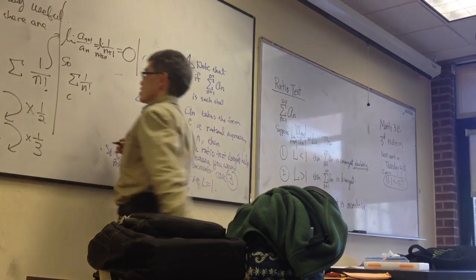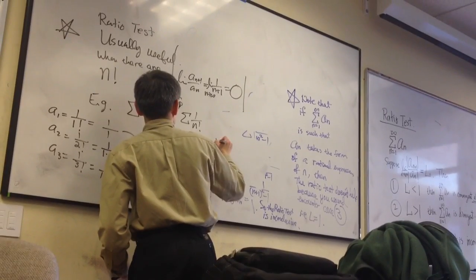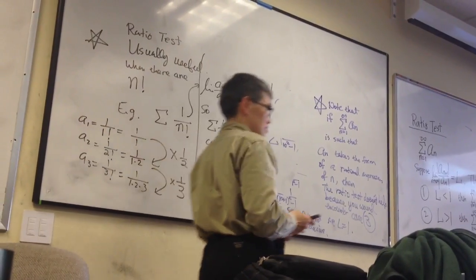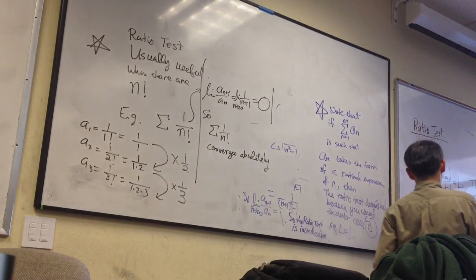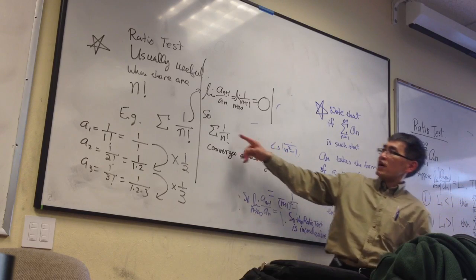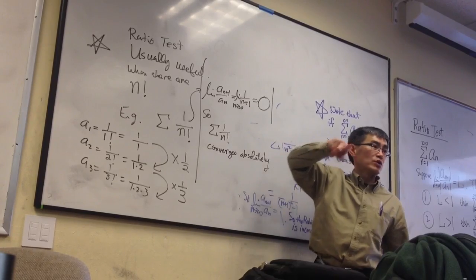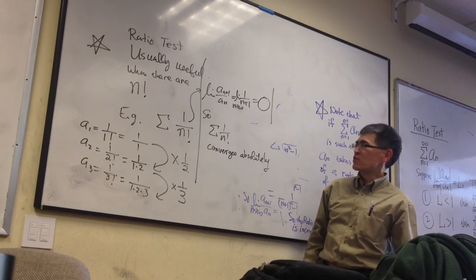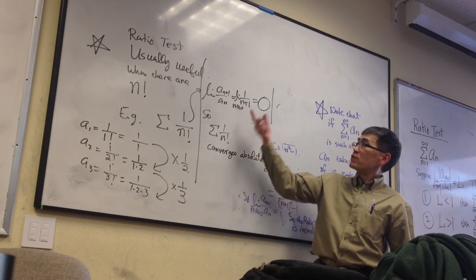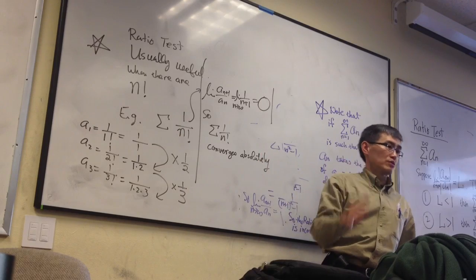So this one converges absolutely. And of course, this is a positive series anyway. But even if I change this to negative 1 to the nth power, so that it is alternating, it doesn't take this to prove that it's convergent. But if you use this to prove that it's convergent, then automatically it's convergent absolutely.